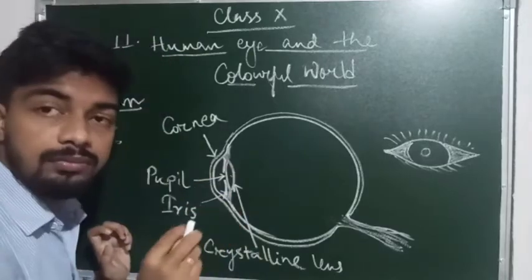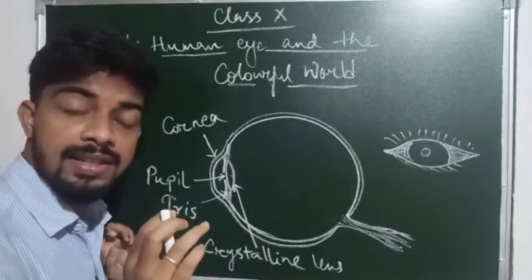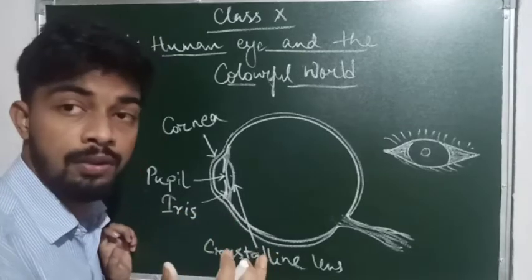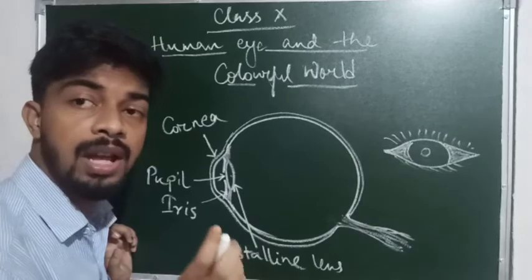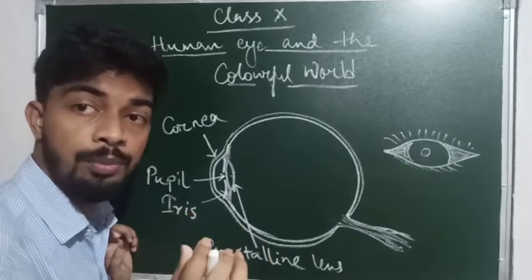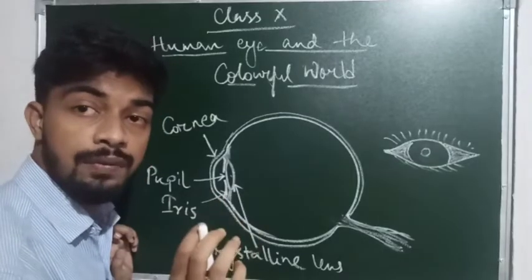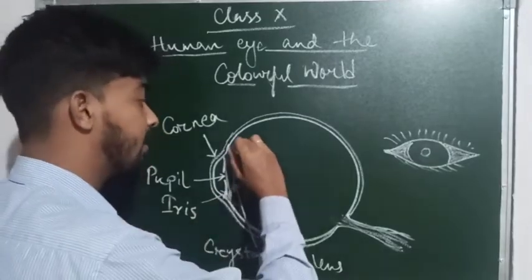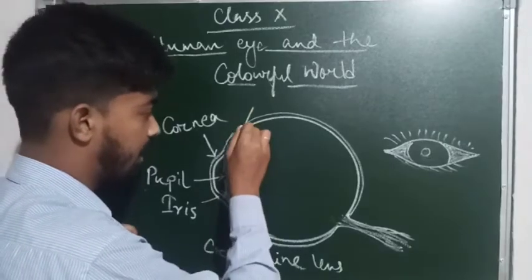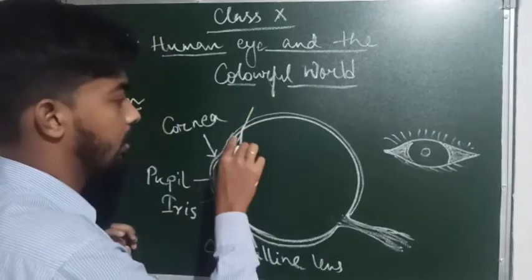After that, the size of the lens sometimes needs to be reduced, sometimes needs to be increased. That means the focal length of the lens sometimes reduces, sometimes increases according to the distance of the object from the eye. And this size of the lens is controlled by this part, or simply we can mark it like this one.